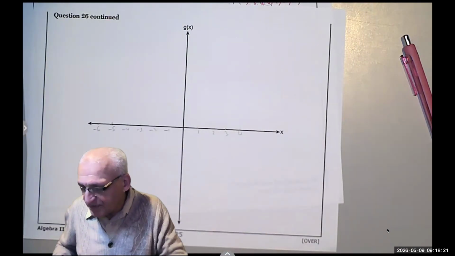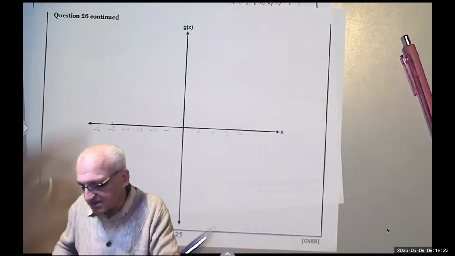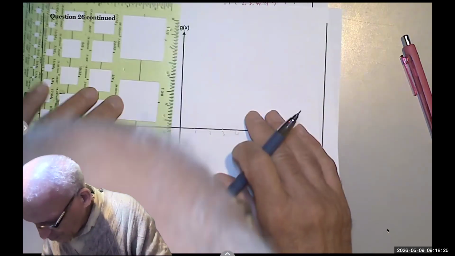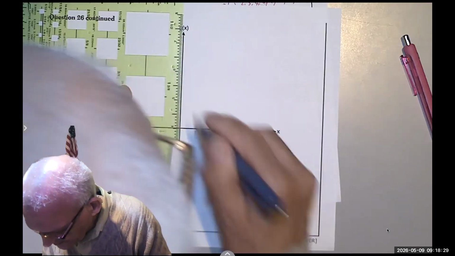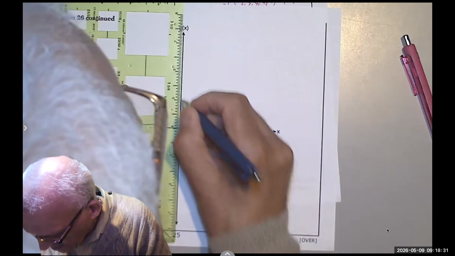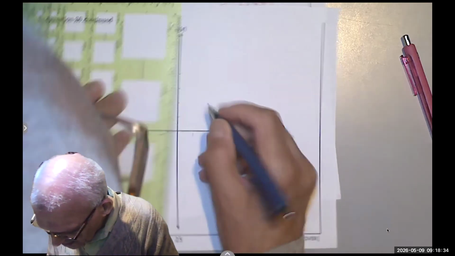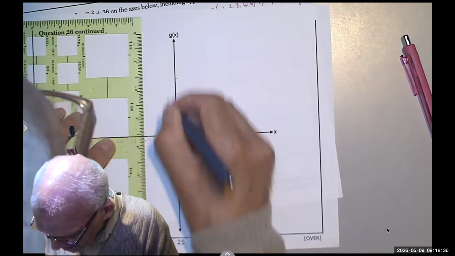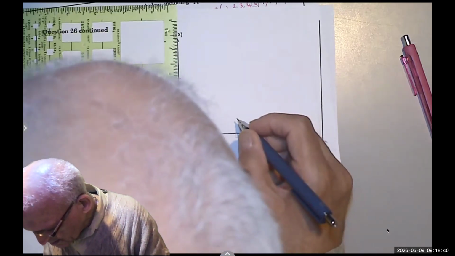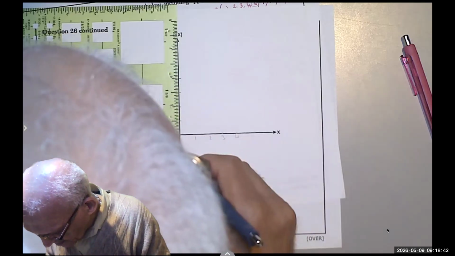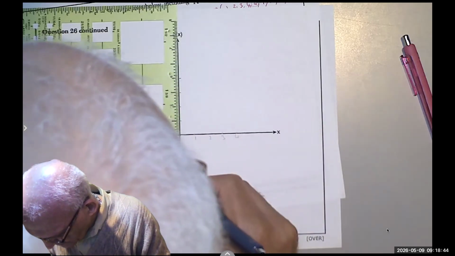And then I know 36, so maybe I will change the scale for the g and move by what, tens? So 10, 20, 30, 40. And then -10, -20, -30, -40.